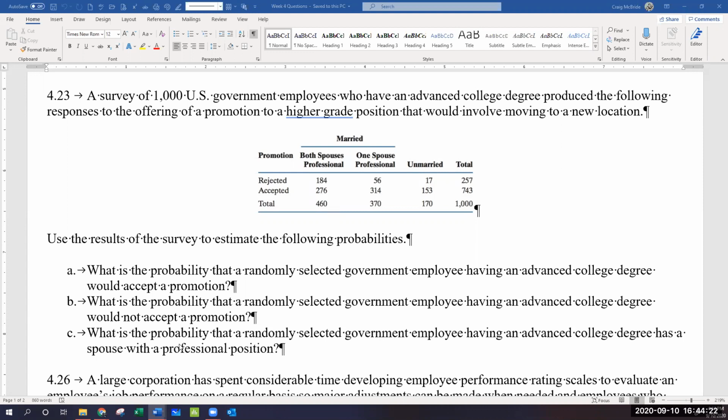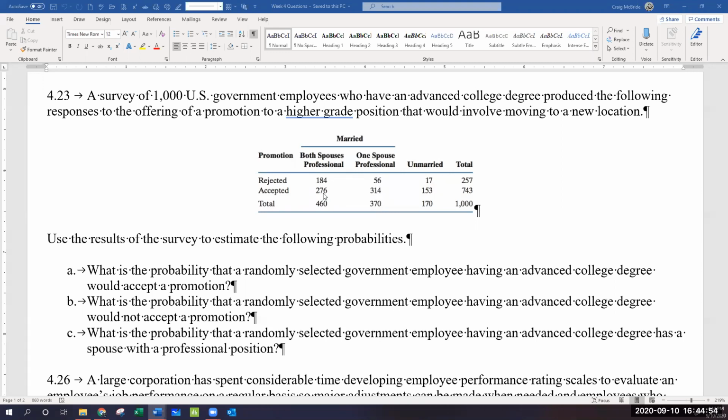So on part C, again, it's where the wording gets really confusing. In this table, when they talk about both spouses being professional, that's their idea of having an advanced college degree. This column where it says one spouse is professional represents U.S. government employees who have an advanced college degree and their spouses do not.